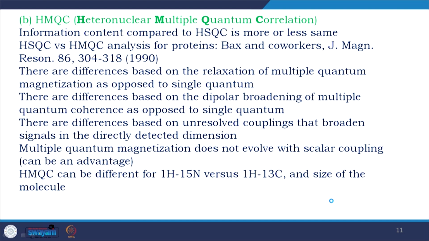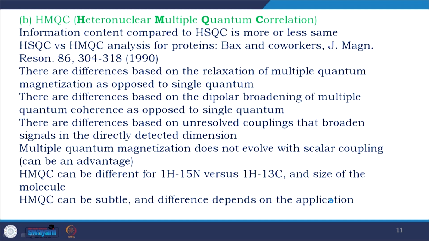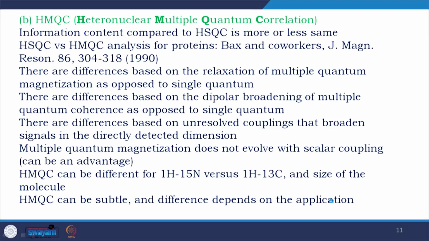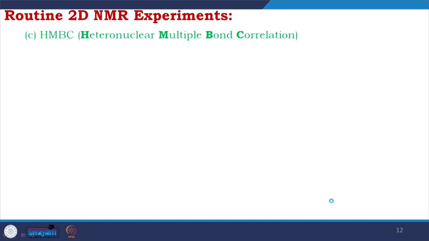HMQC can be different for 1H-15N versus 1H-13C and with the size of the molecule. HMQC differences can be subtle and depend on the application and how the experimental setup is done. You could get similar but different effective information from HSQC and HMQC.